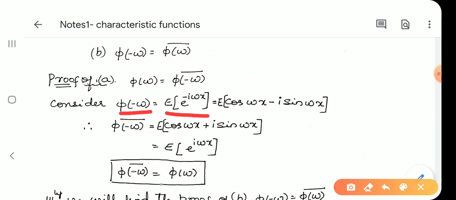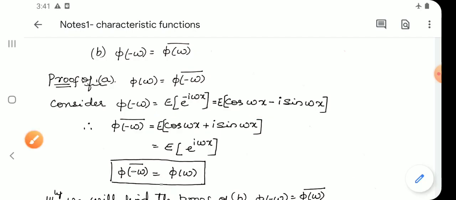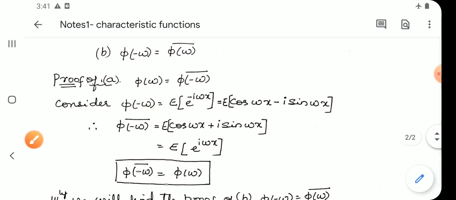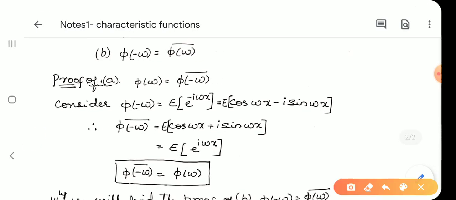When e power minus I omega x is expanded, we get expectation of cos omega x minus I into sin omega x. Now let us consider phi of minus omega bar. That means we have to take the conjugate of phi of minus omega.